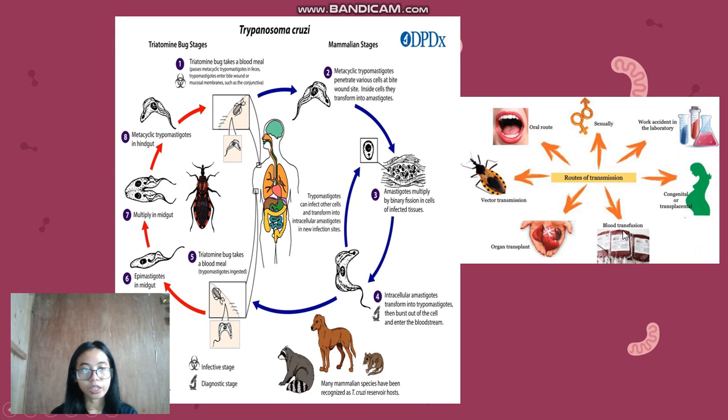These are the possible routes of transmission for this parasite. It could be oral routes, sexual transmission, work accidents in the laboratory, congenital or transplacental for the babies, blood transfusion, organ transplant, and vector transmission.